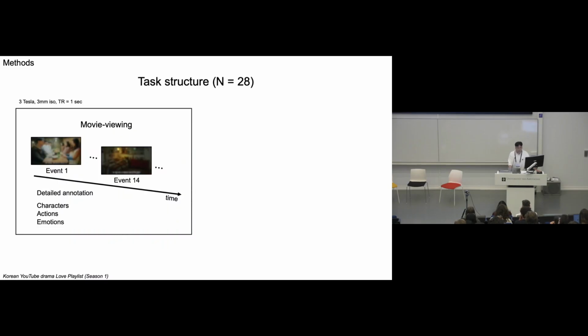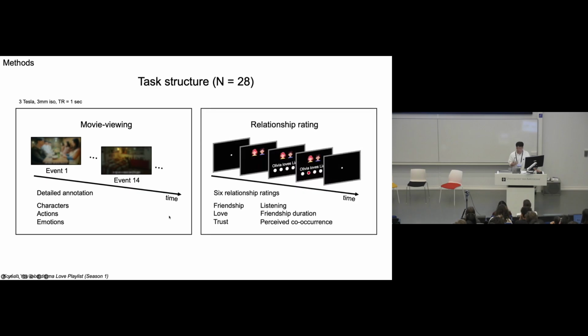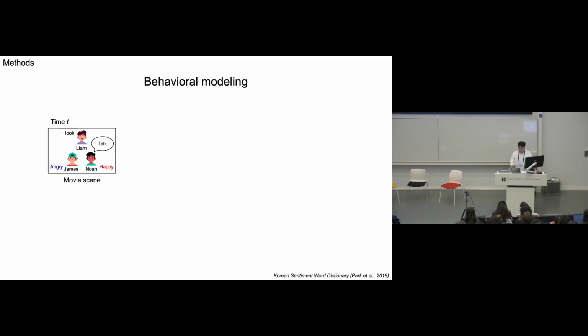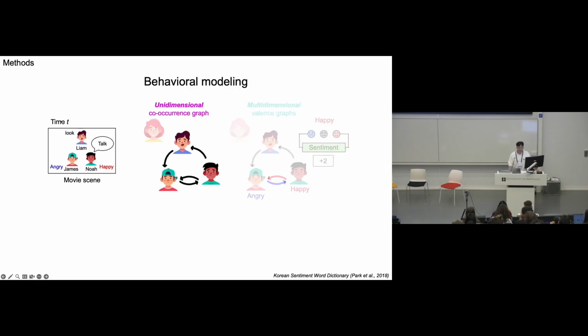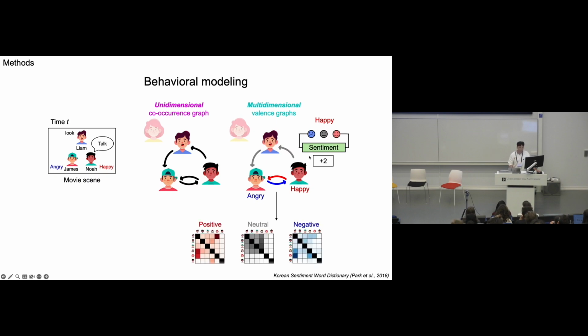In this study, 28 participants watched a Korean web drama depicting rich social interactions in the scanner, and then rated character relationships across six dimensions, such as friendship, love, and trust. These ratings served as a ground truth in our analysis. As I mentioned earlier, we extract character-by-character co-occurrence graphs for each time point and expanded them into multidimensional valence graphs that reflect positive, neutral, and negative social interactions.